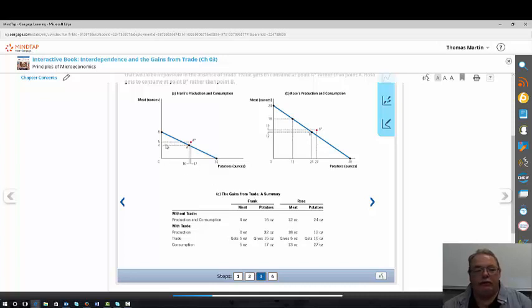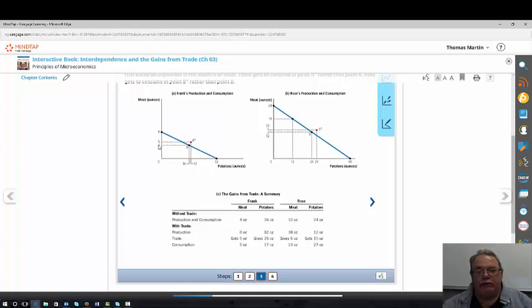If we look at where everybody stands after a trade, if Frank gives up 15 ounces of potatoes, he will have 17 remaining, which is more than the original consumption.